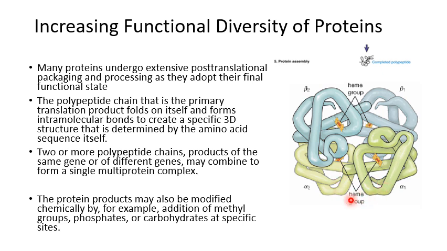An example here is hemoglobin, which comprises 4 subunits of proteins. 2 or more polypeptide chains, products of the same gene or of different genes, might combine to form a single multi-protein complex, which can be further modified in some proteins by the addition of a methyl group, a phosphate group, or a carbohydrate group, depending on the specific site and the intended function of that protein.